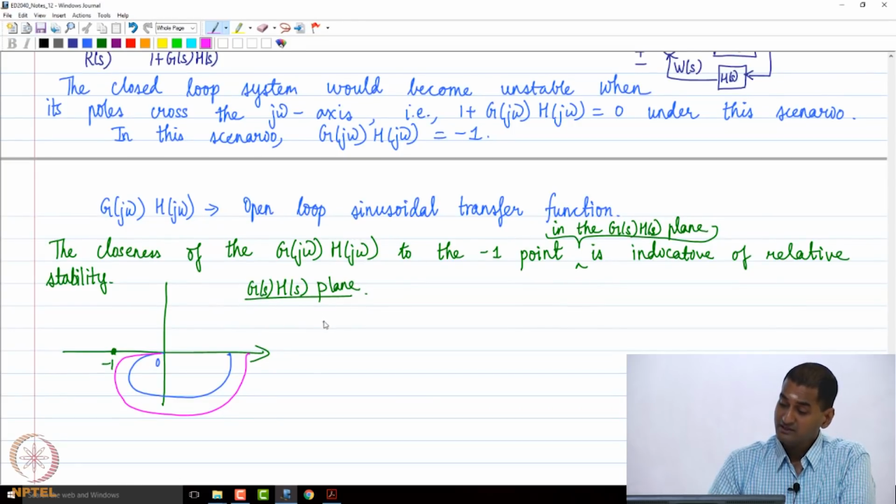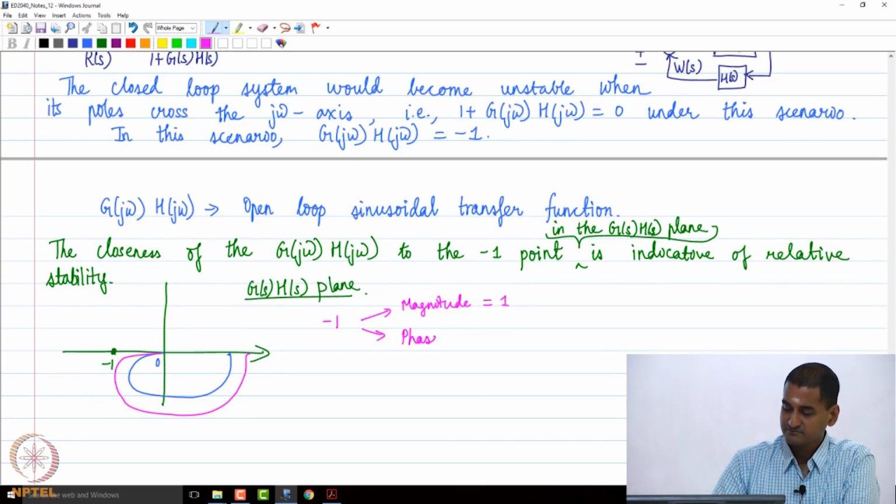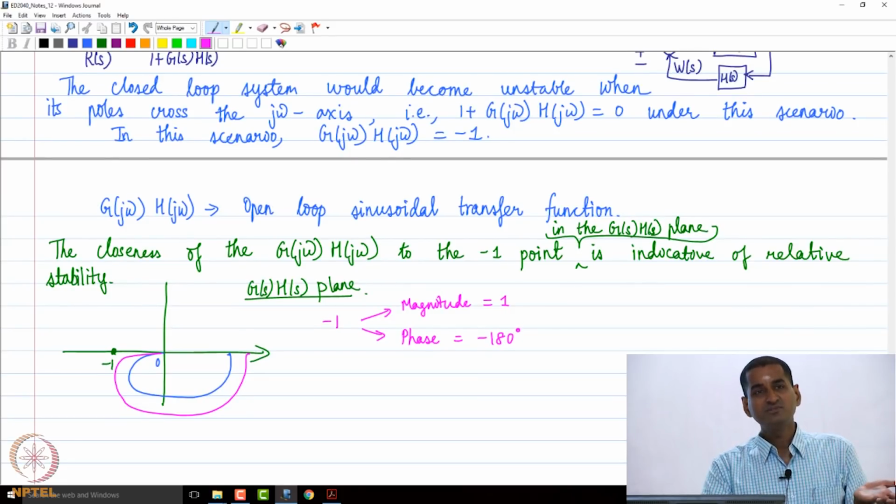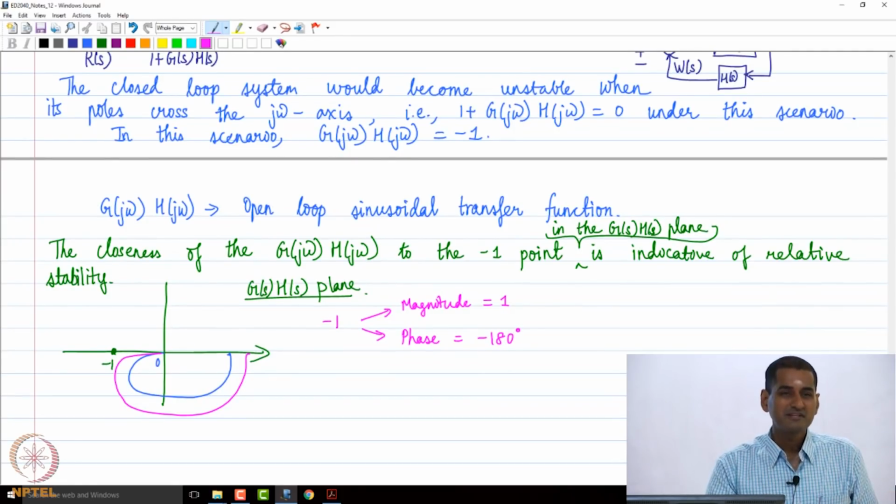Now, note that the minus 1 point in the G(s)H(s) plane means the magnitude is 1, the phase is minus 180. I am writing minus 180 because we typically deal with proper transfer functions; you will understand it shortly.